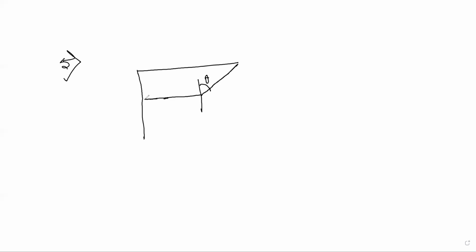This one is one string and this one is another string, and there is a block which is hanged at this point. This is the wall, and this one is the ceiling.